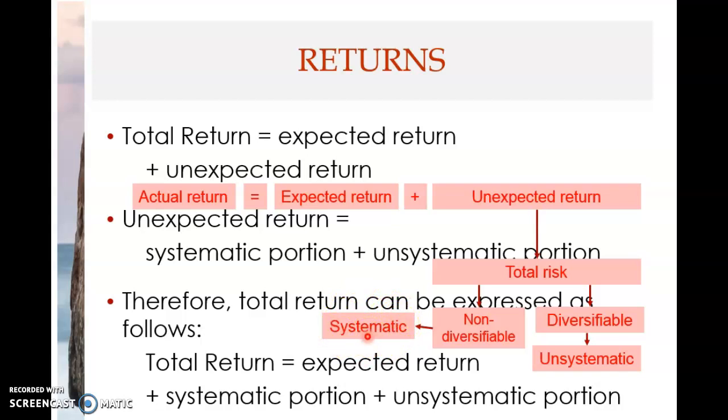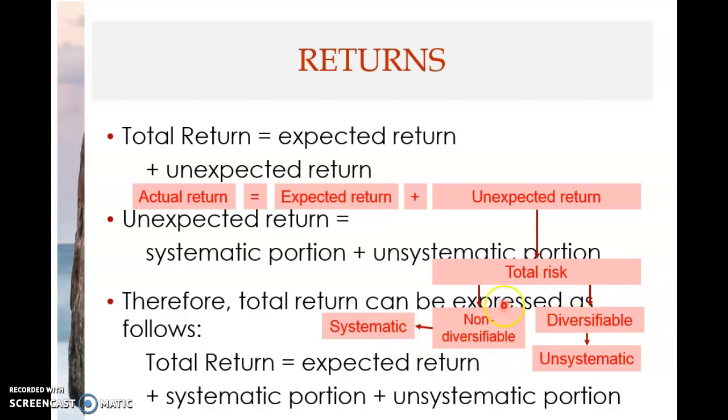Alright, so therefore we have seen from the example with the portfolio where we have two stocks, A and B. The two stocks move in opposite directions, and therefore you find that a large portion of the total risk can be eliminated through diversification. So a large portion is diversifiable in that particular example.